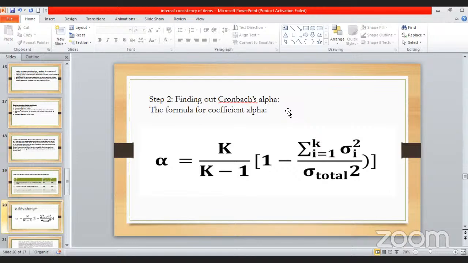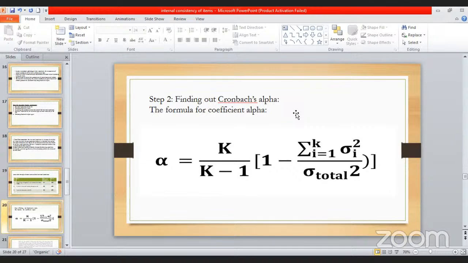Is it clear, or shall I repeat it? Repeat. Okay. The formula is k divided by k minus 1, into 1 minus summation sigma i square by sigma total square. K indicates the number of items in the particular psychological test. Summation sigma square indicates variances.